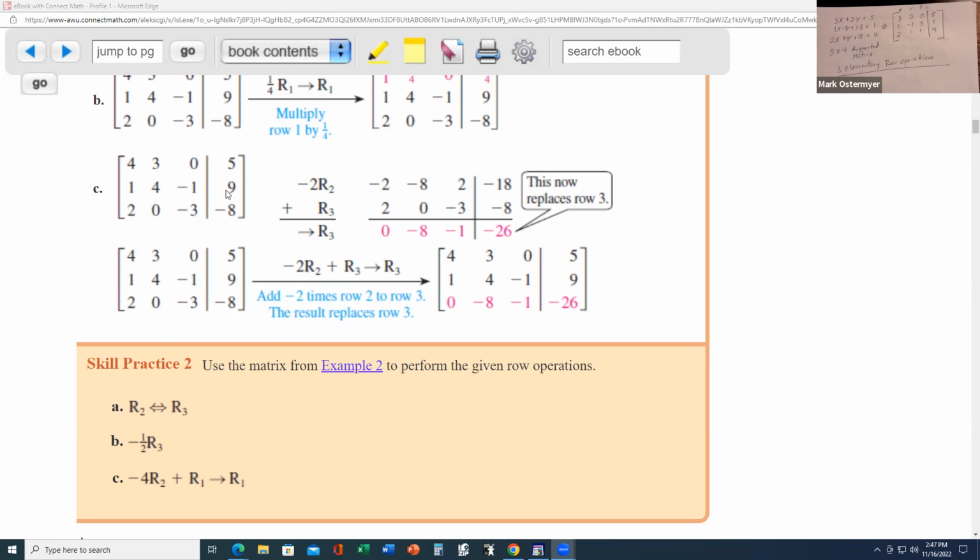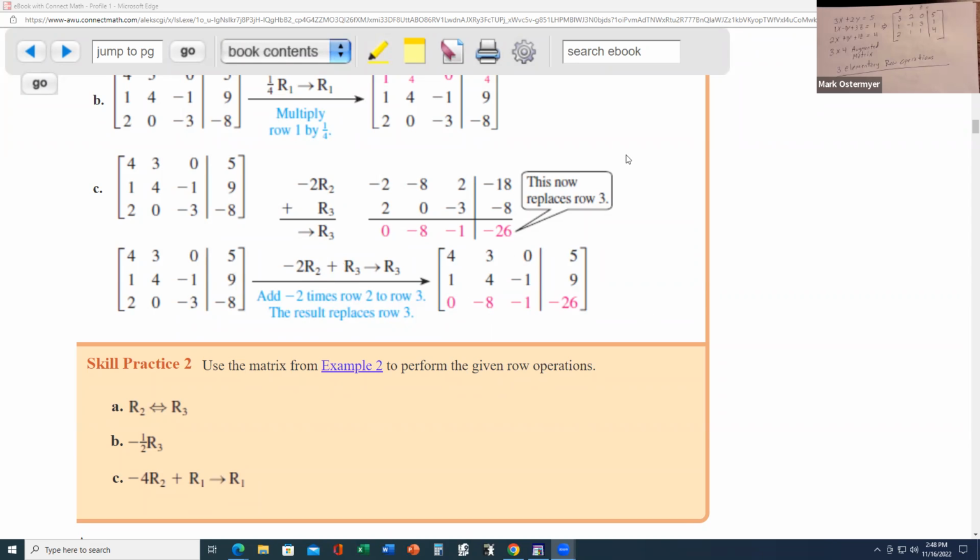So 1, 4, -1, 9 becomes -2, -8, 2, -18. They then add those entries to the corresponding entries of row 3 to form a new equivalent row 3 of 0, -8, -1, -26. And ladies and gentlemen, we have an equivalent matrix over here to the right. This matrix is equivalent to the original matrix.